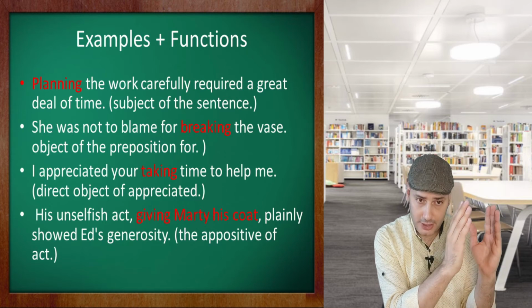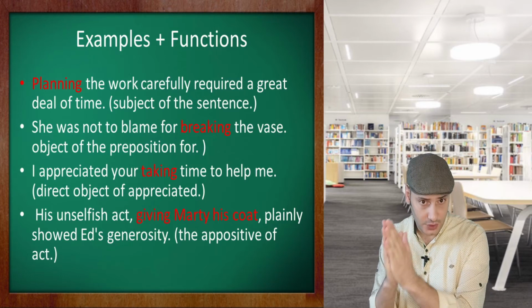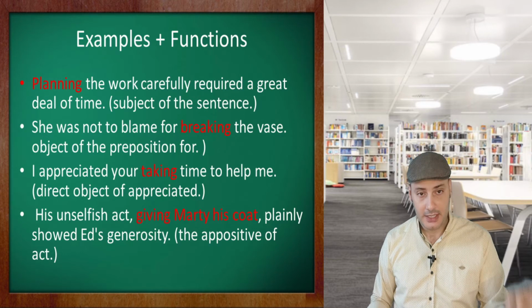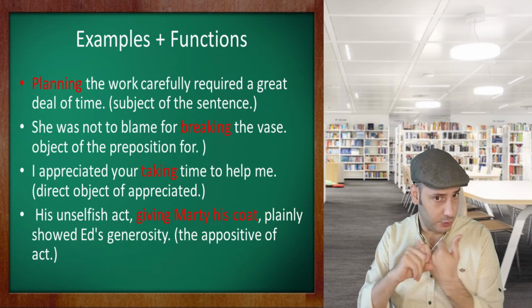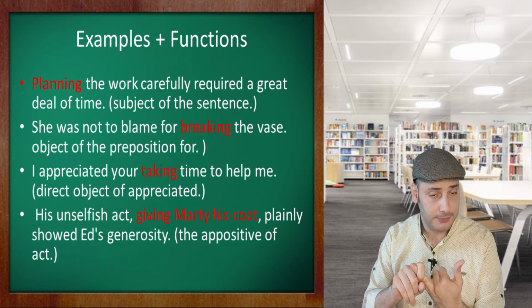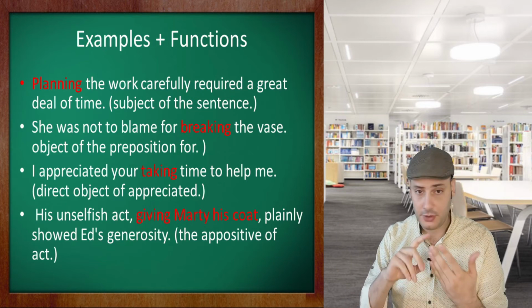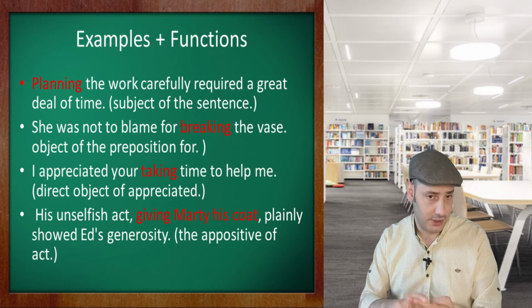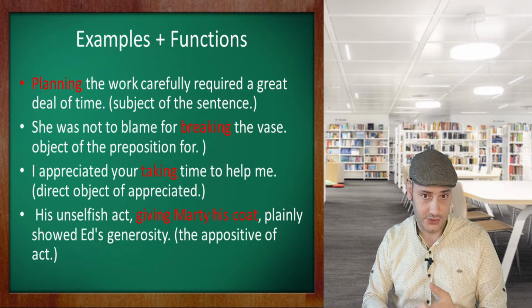Comma, giving Marty his coat, comma. This is called an appositive. So gerunds, when they function as a noun, could be subject, object of preposition, complement or maybe object, and appositive. So these are the four functions of gerunds or nouns or verbals.